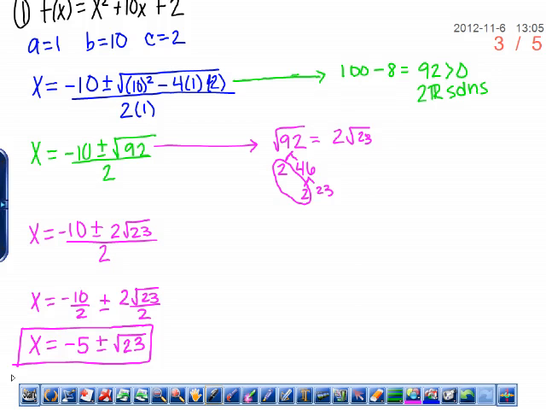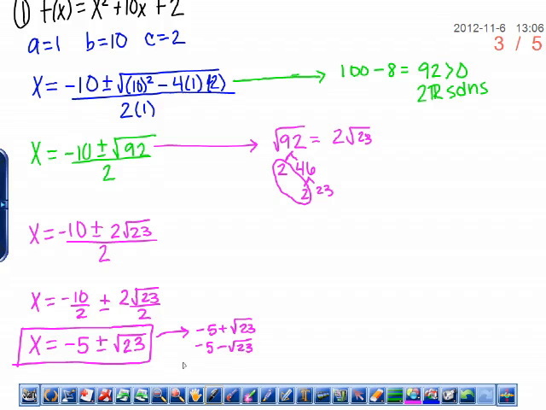It is important to notice, okay, this is two solutions. So you could also write it this way, but you also want to just be able to recognize it as negative 5 plus root 23 and negative 5 minus root 23. Are those real? Yeah. So we've done what our discriminant said to do.